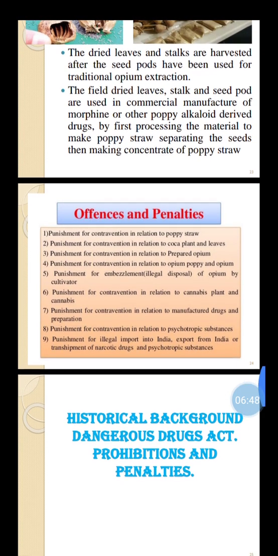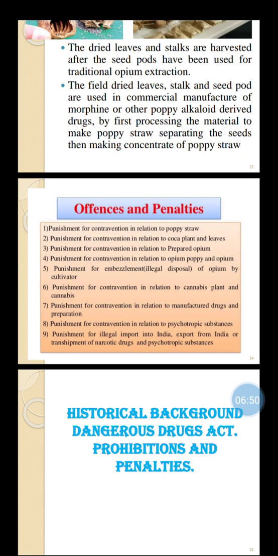Punishment for contravention in relation to the cannabis plant and cannabis. Punishment for contravention in relation to manufactured drugs and preparations. Punishment for contravention in relation to psychotropic substances. Then last, punishment for illegal import into India, export from India, or transshipment of narcotic drugs and psychotropic substances.